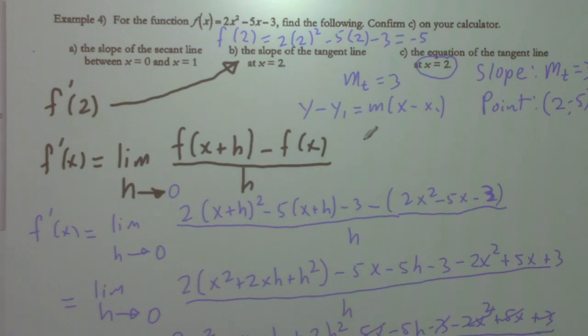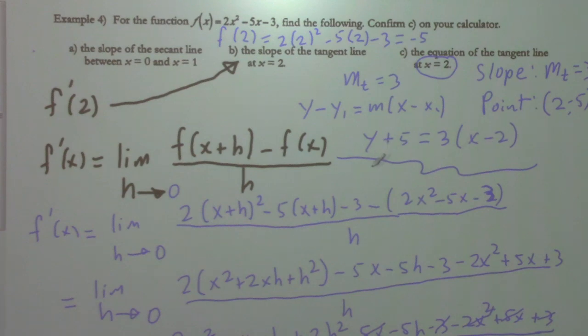And so we have y, and what's y1? -5. So we'll say minus -5, so that's going to be plus 5. And then our slope is going to be 3. And then we have x minus 2. And so this is our equation for the tangent line.